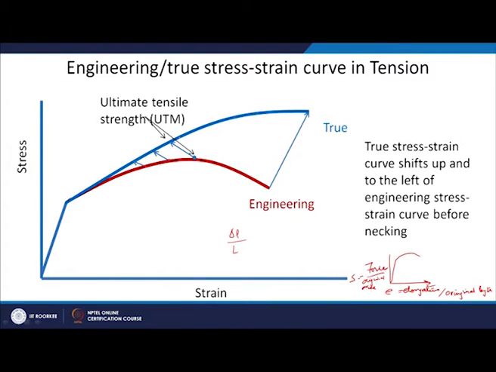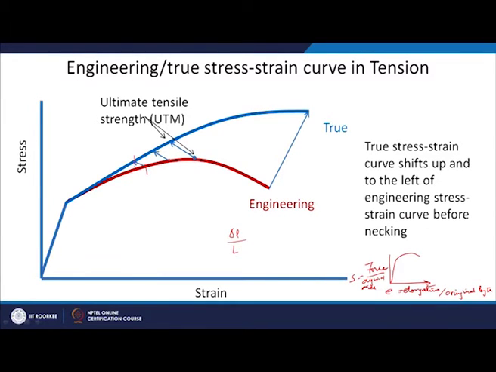Stress is going up, but strain is showing a lower value than the engineering strain. So, engineering strain will be more. True strain for the corresponding elongation will be less, but engineering stress will be low and true stress will be high for the same amount of deformation.